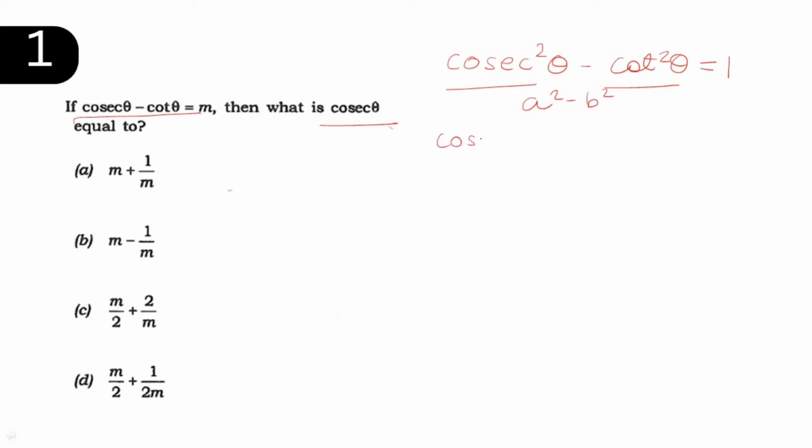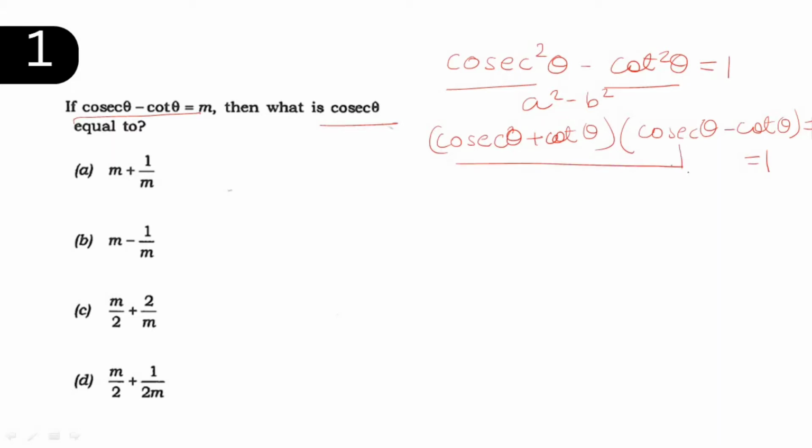So here comes (cosec theta plus cot theta) and in the next bracket (cosec theta minus cot theta), which is equal to 1. Okay, so in the question the value of cosec theta minus cot theta is already given, so we can put that value in the equation which is here.